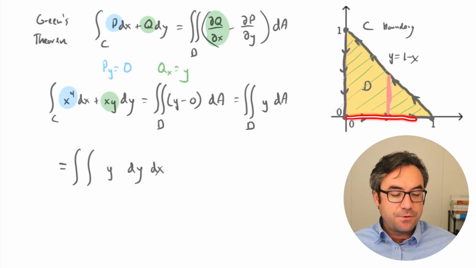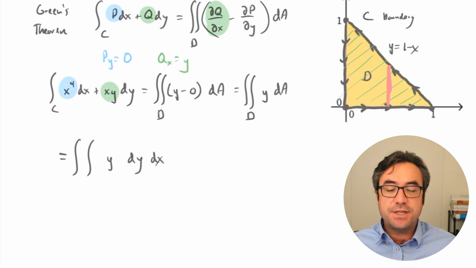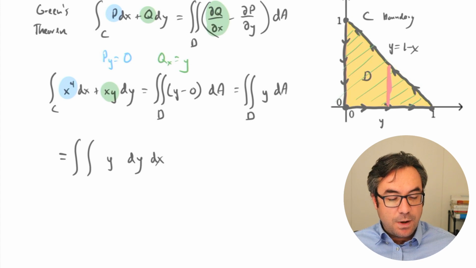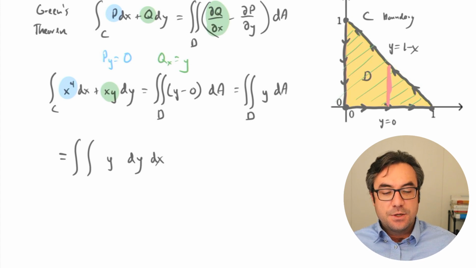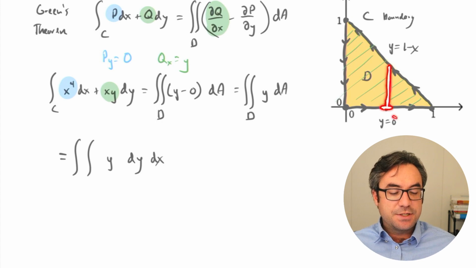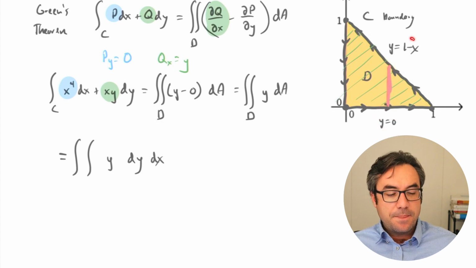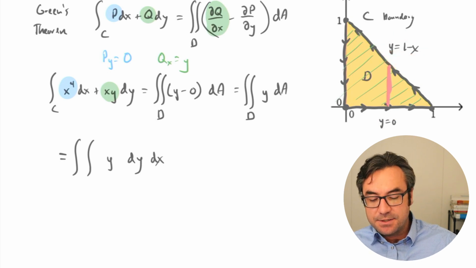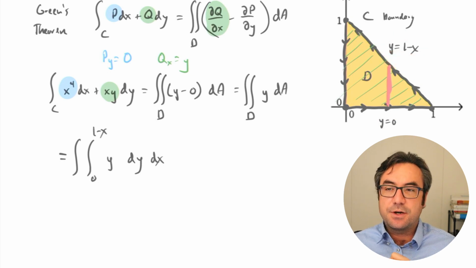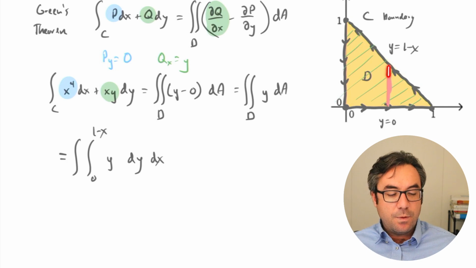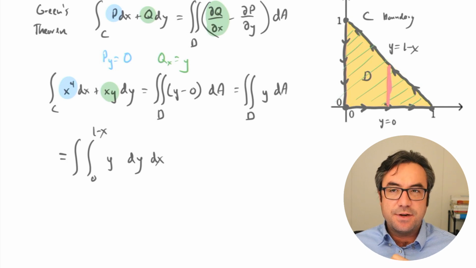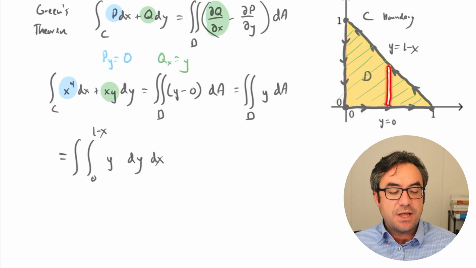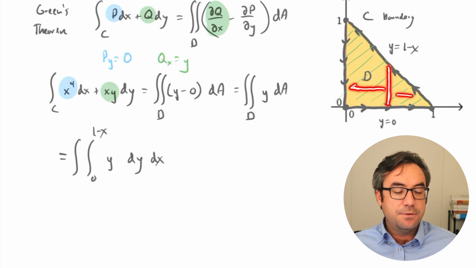Now the equation for the bottom edge here, well, that's just the x-axis. So that is y equal to 0. So when we look at this cross-sectional cut, the bottom edge is given by the curve y equals 0. The top edge is given by the line y equals 1 minus x. So those are going to be our limits of integration. And then to get our x limits of integration, we want to imagine sliding this back and forth now.